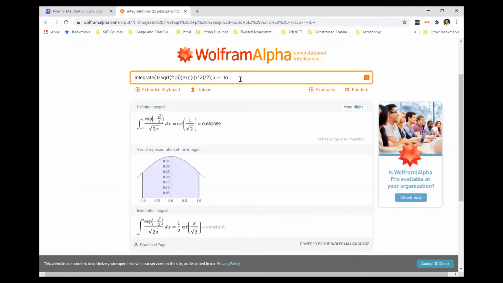This is just for an example, you don't really need to do it. I just wanted to show you that this integral really is this, and I can write this formula. It gives you the syntax for how to write this integral. It says integrate 1 over square root of 2 pi, exponent of minus x squared over 2. That's the standard normal, which you're integrating from x equal to minus 1 to 1.